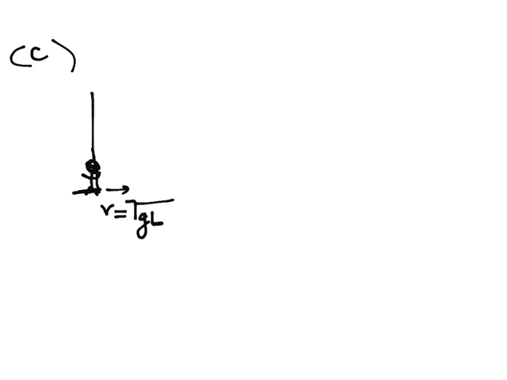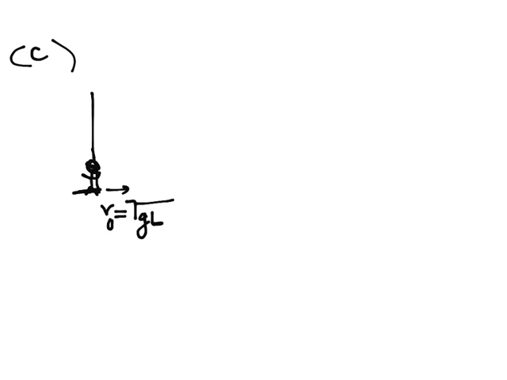Alright, so in part C, because the child is jumping off of the swing, we can use a collision or conservation of momentum to solve this problem. So our before picture, our person is on the swing and they're going with the speed. We know that speed is equal to the square root of gL.